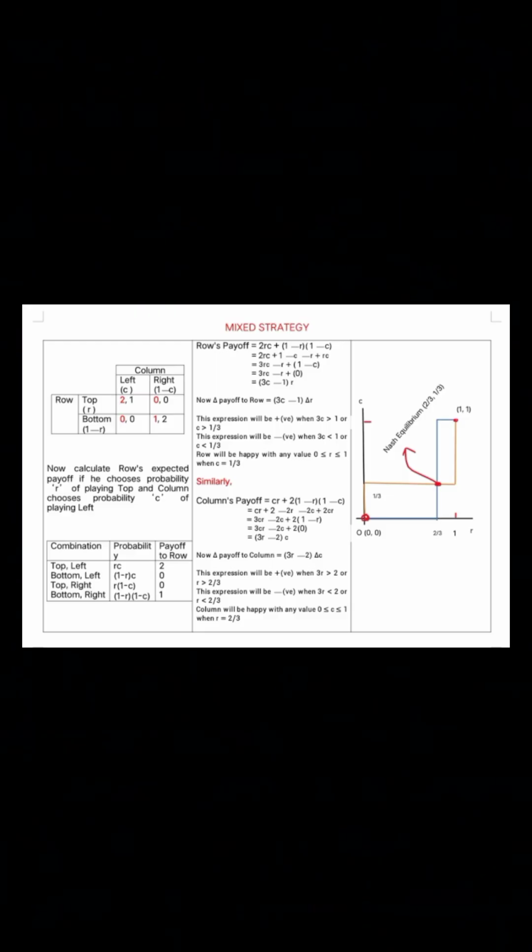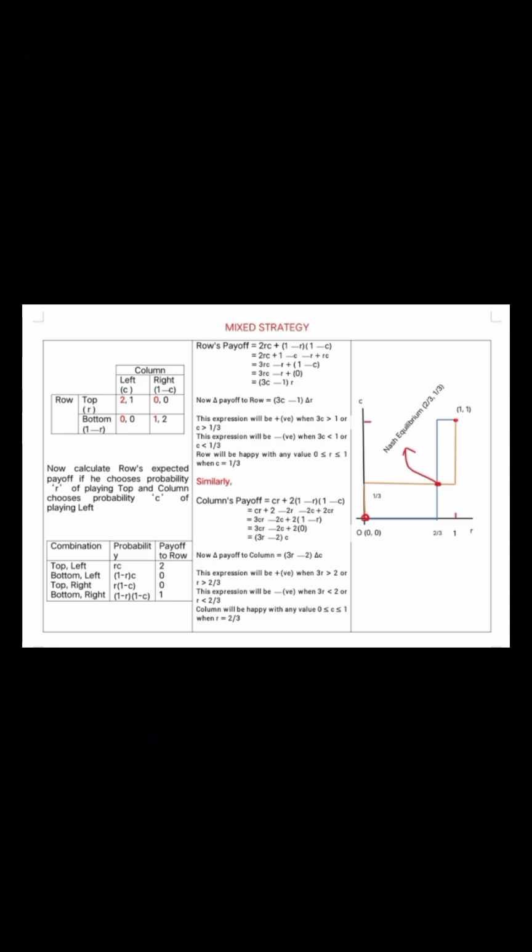So finally we can say that the Nash equilibrium arises where these two best response curves intersect, at the point 2 by 3 and 1 by 3 in this figure.